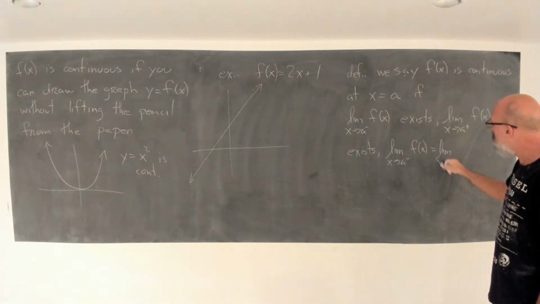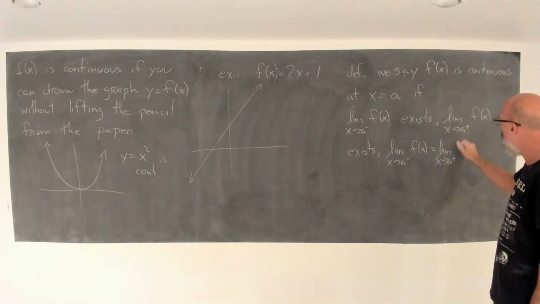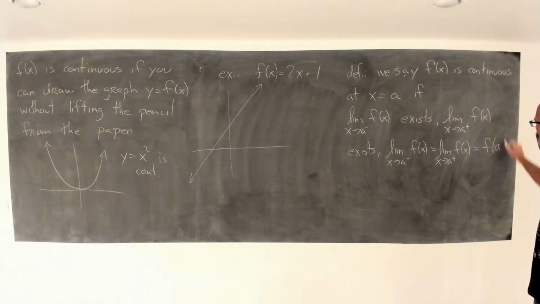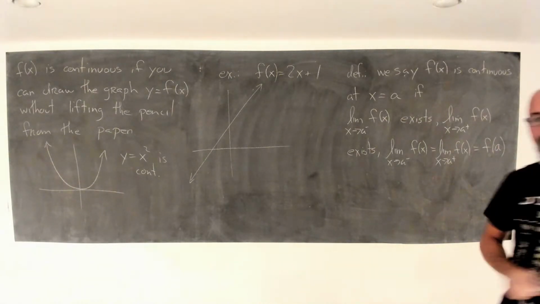In other words, the limit itself exists as x goes to a, and they are equal to f of a.